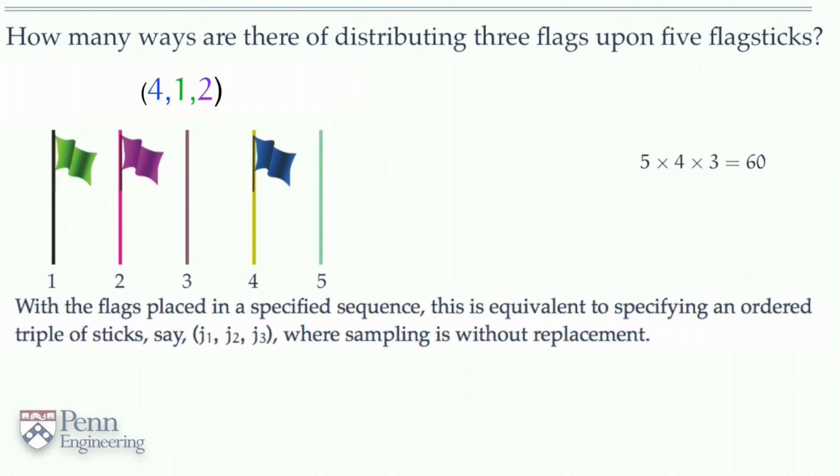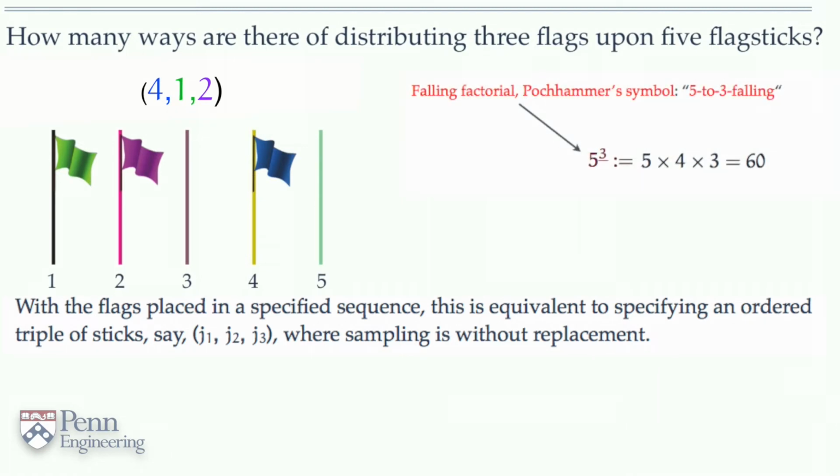Now this looks very much like what we had in the previous slide. There it was 5 times 5 times 5. Here it's 5 times 4 times 3 because resampling elements is prohibited. But the structure is very similar. It looks like a power. Well, why don't we put in some notation to capture this kind of structure, which is reminiscent of an ordinary power.